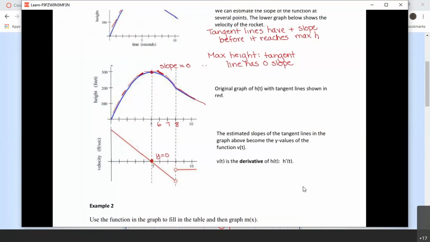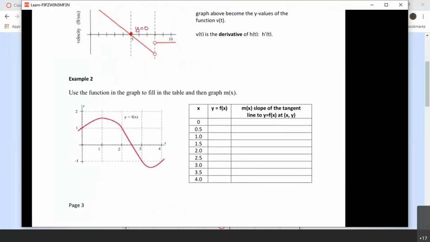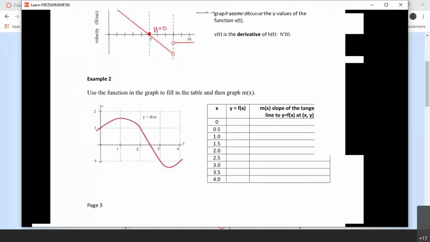As long as this makes sense to you, let's take a look at approximating slopes of tangent lines. How might you do this with a table? Well, here they're giving you a graph. They didn't give me a function rule, so I can't use the limit of the slope of the secant line. I have to approximate at different points along this graph.